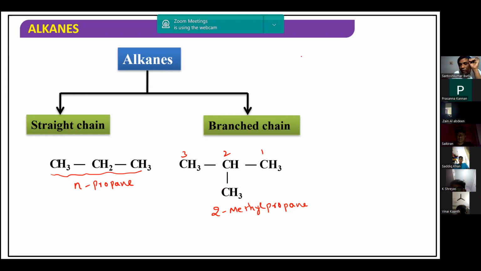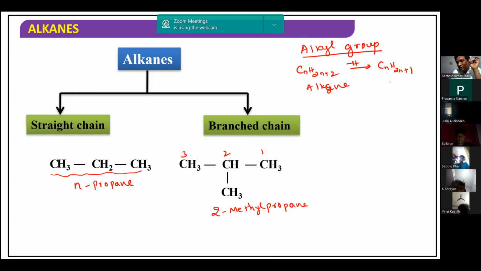Now, you must have come across alkyl groups. What is an alkyl group? If I have CnH2n+2 as an alkane, and you remove a hydrogen from this, it becomes CnH2n+1. This is called alkyl.